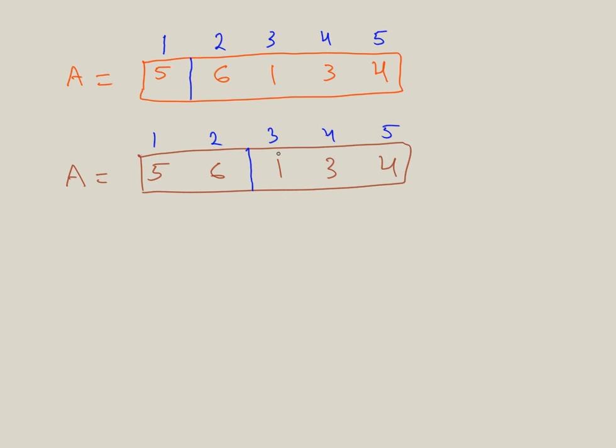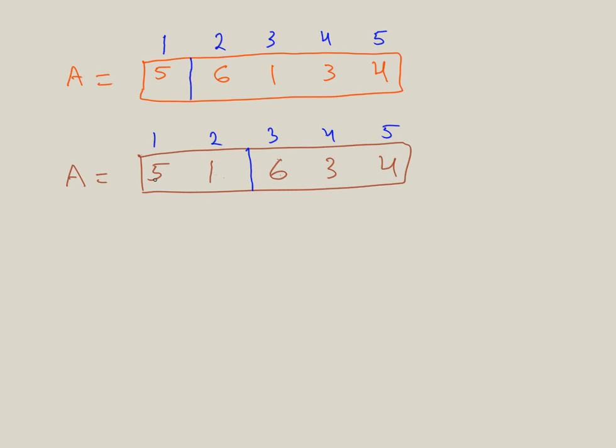Now our key is at index number 3, which is 1. It takes that number and compares it to the one before it, which is 6. Is 1 less than 6? Yes, it is. So we swap these values. So now we have 1 here and 6 here, and you keep going, you don't stop there.